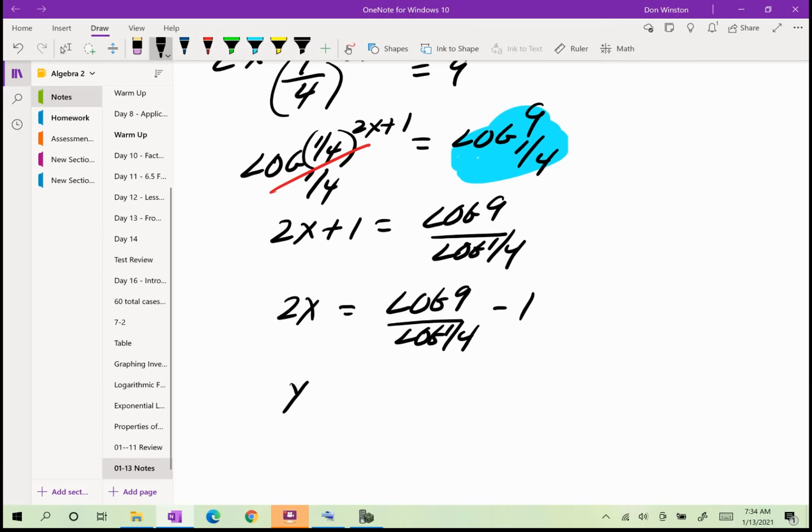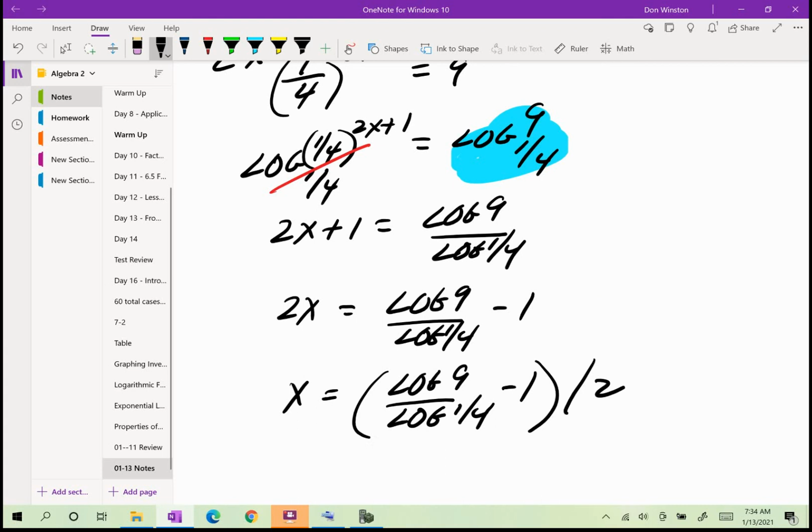And then finally I would divide everything by 2, or multiply by half. So that would be the answer.